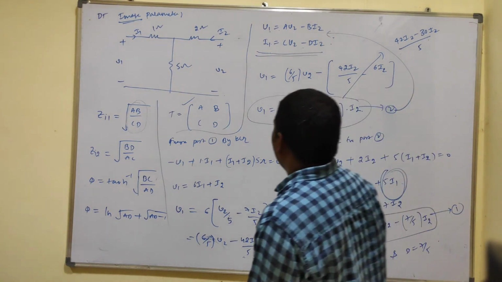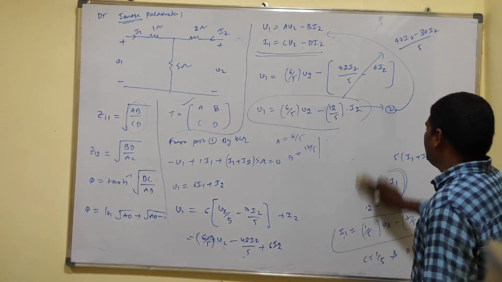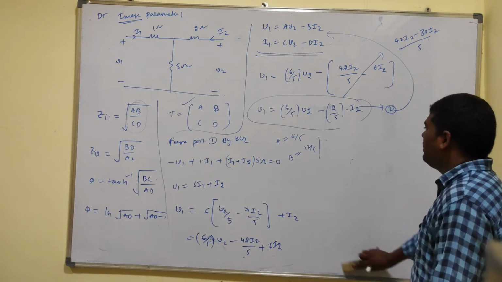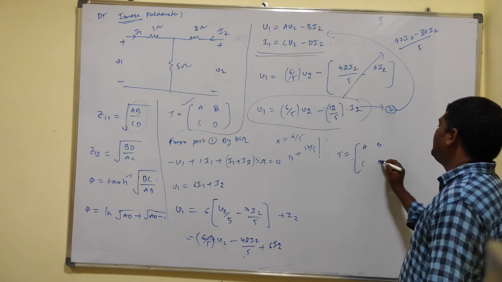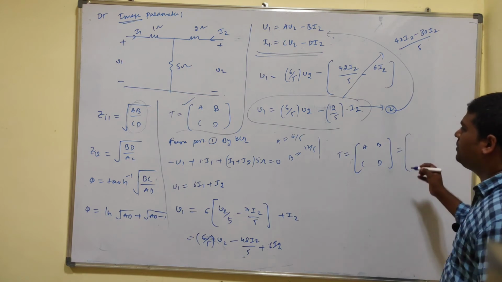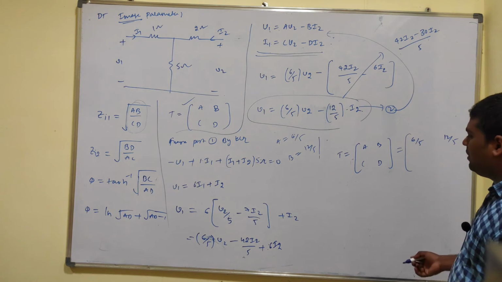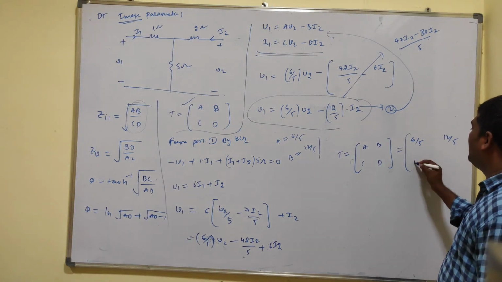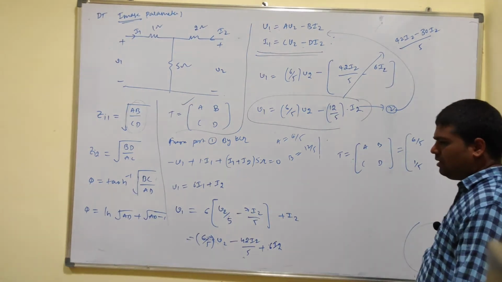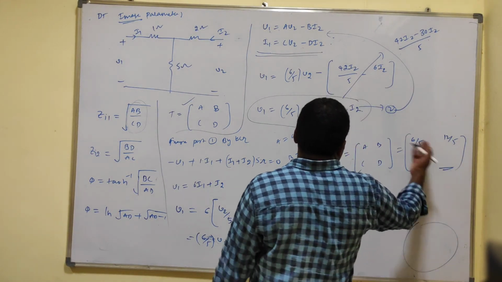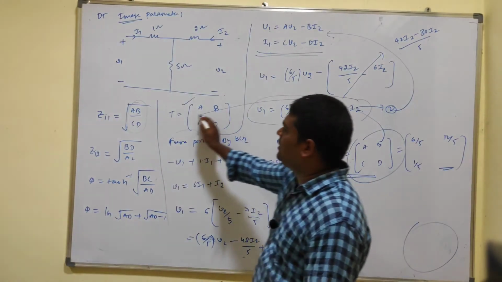Now the matrix equals A, B, C, D, which has A value 6 by 5, B value 12 by 5, and C and D values 1 by 5 and 7 by 5. Just take these ABCD values and substitute them in the formulas.